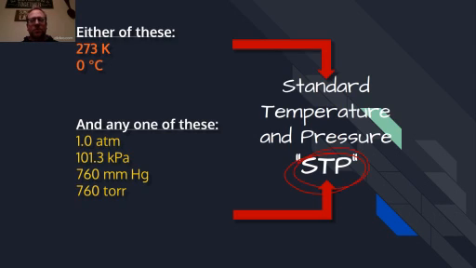It's going to be very important that we remember this is STP: 0 Celsius or 273 Kelvin, and 1 atmosphere, or any of these others that are equivalent to 1 atmosphere. It's just a shorthand way of communicating the conditions that we have our gas.